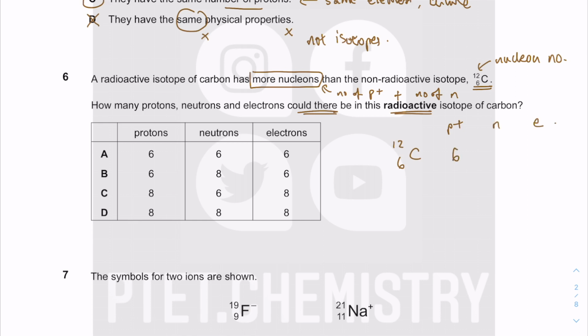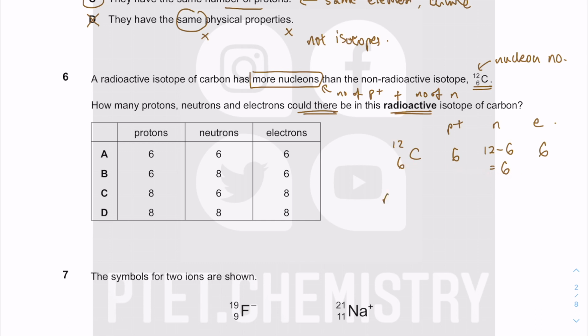Proton will be 6 because this is proton number 6, and this is an atom, so the number of electrons will be equal to the number of protons. It's also 6. The number of neutrons is the mass number minus the proton number, or we can say the nucleon number minus the proton number, because nucleon number is also known as mass number. So that is for this isotope.